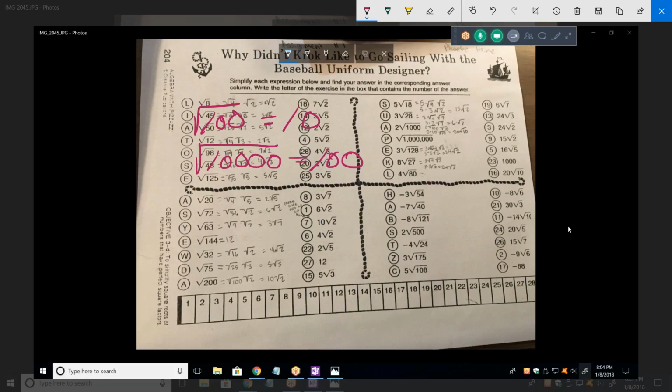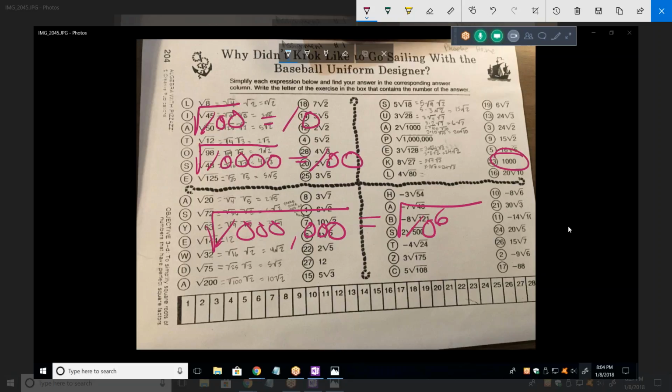So what's the square root of 1 million, which has 6 zeros? 1,000. And there's kind of another way to think of this that maybe is a little easier. And that is to say that the square root of 1,000,000 is the square root of 10 to the 6th power, right?